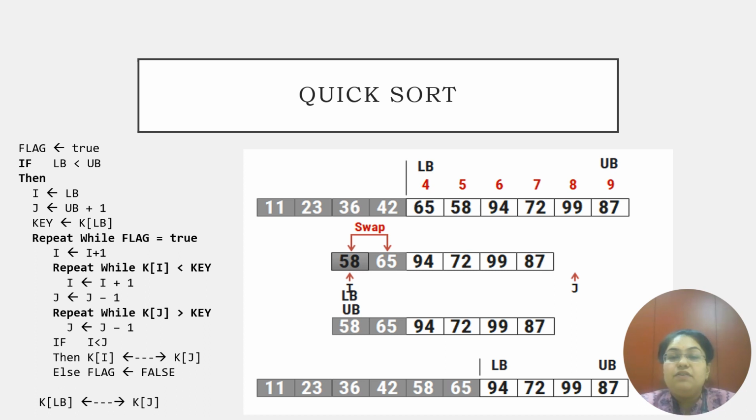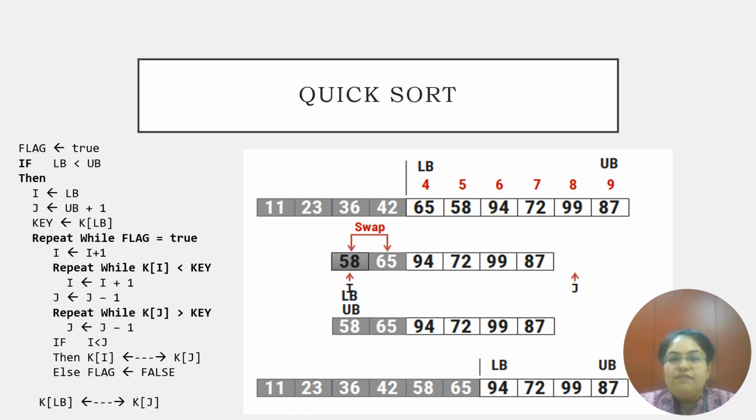As the previous portion was sorted, now we can move forward to the right hand side of the array. So now we can set our lower bound at the right hand side. So our lower bound is at index 4 and the upper bound is where? At index 9.